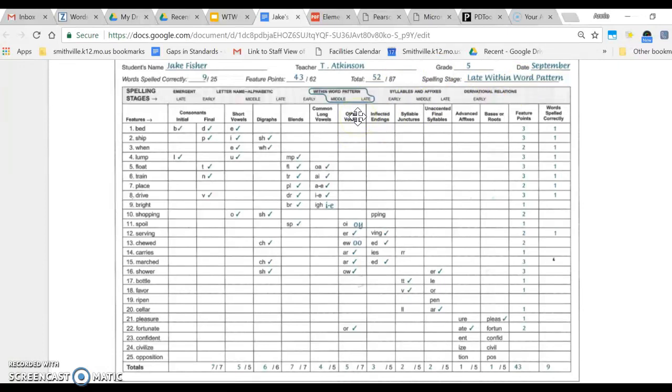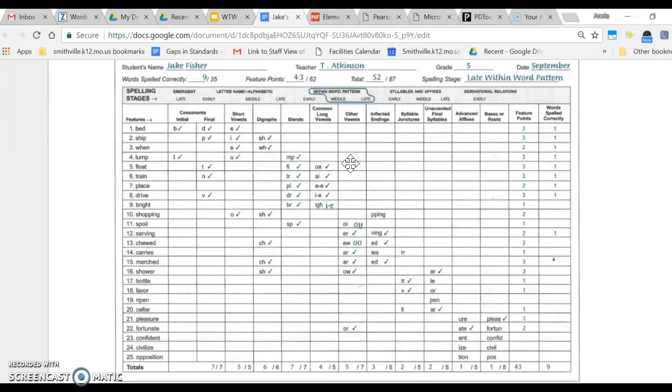I would go, and they suggest it is often better to step back to a previous or lower level. So they would go to middle within word patterns because it's not going to hurt them to go back and do those sorts and do that instruction just to make sure that they have that.